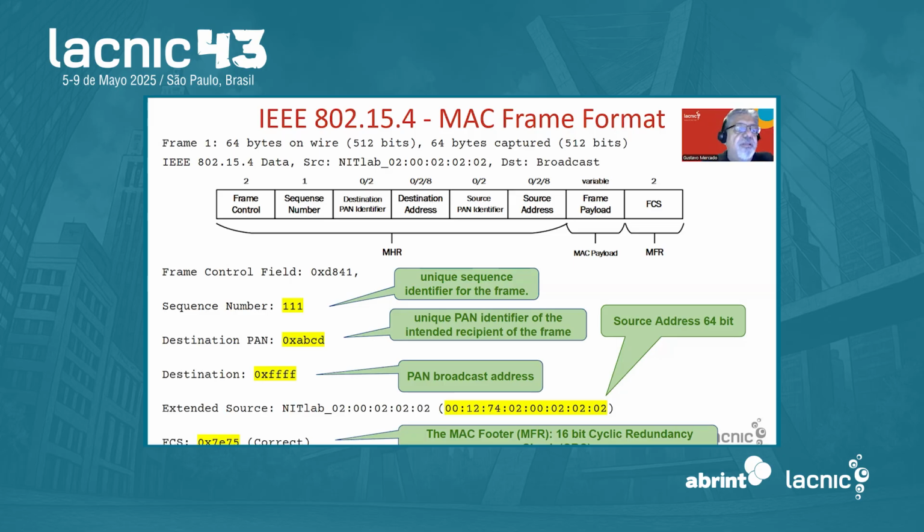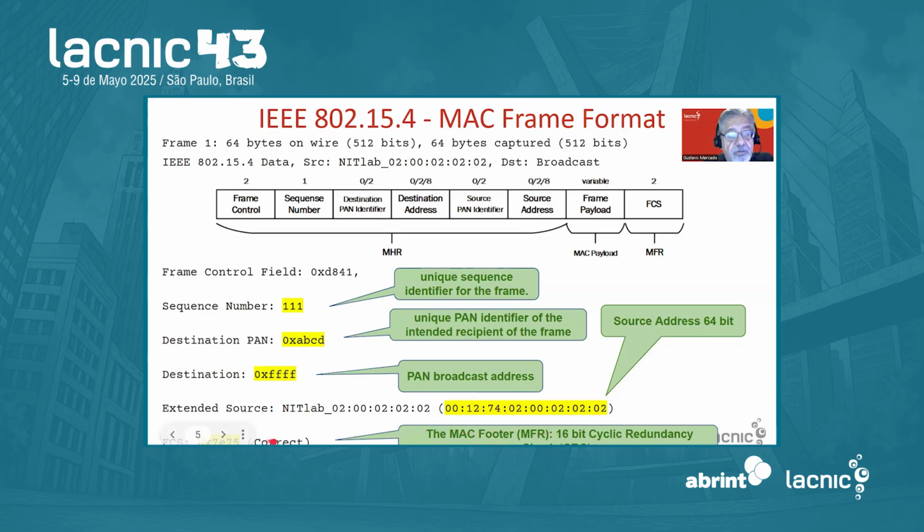If we use the PAN address, we shorten it because PAN only uses 16 bits, which shortens the destination and source addresses by halving them. So in destination here it says FF, and that means broadcast in this case, and the source is a complete MAC address, 64 bits.